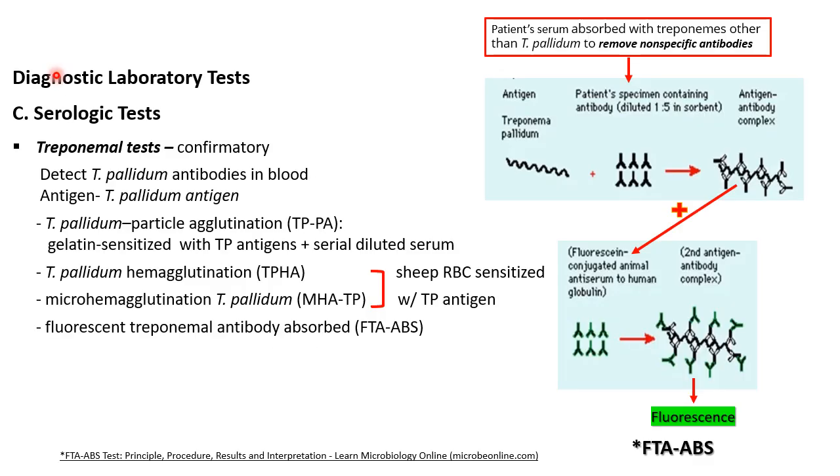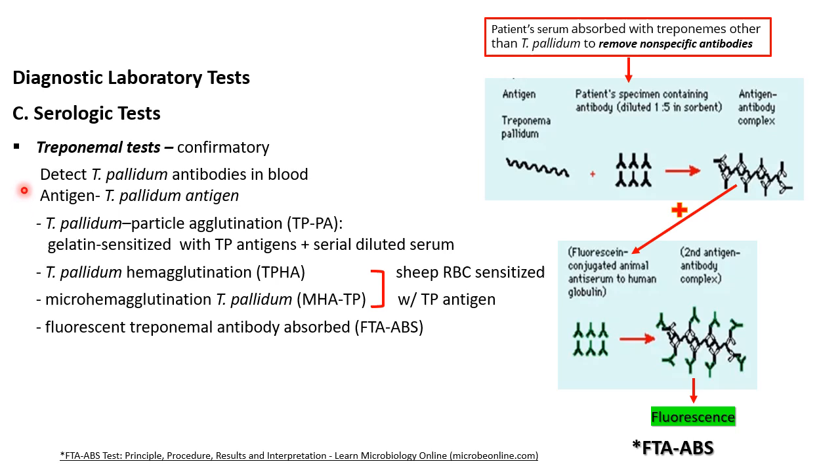Another group of serologic tests is the treponemal tests. A treponemal test is used to confirm a positive result obtained using the non-treponemal test. It detects antibodies in the blood that are specific for the Treponema pallidum. And of course, the antigen used would be Treponema pallidum antigen.